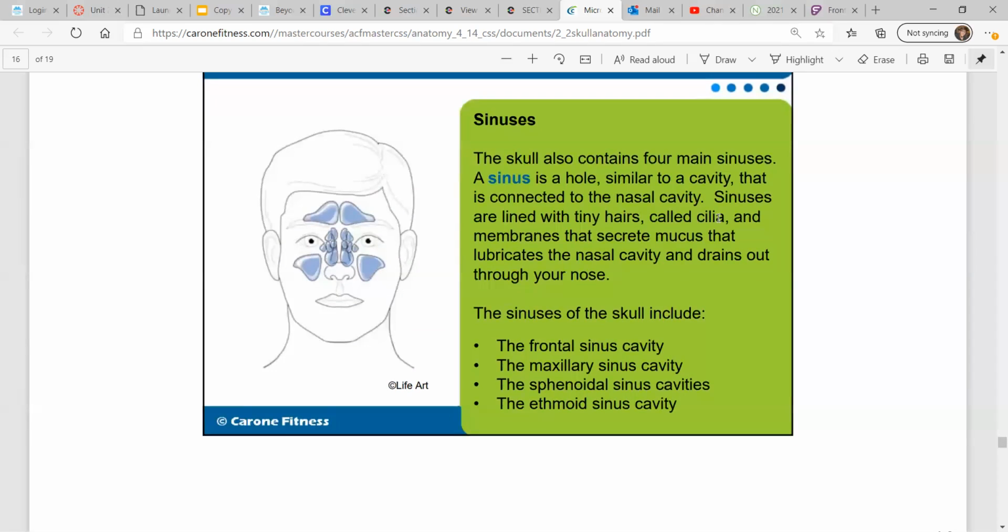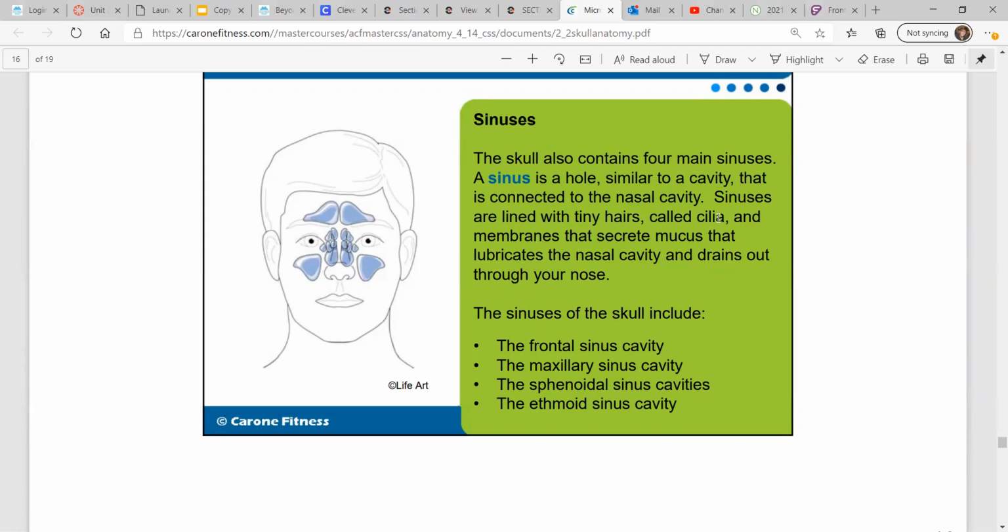Sinuses. The skull also contains 4 main sinuses. A sinus is a hole similar to a cavity that is connected to the nasal cavity. Sinuses are lined with tiny hairs called cilia and membranes that secrete mucus that lubricates the nasal cavity and drains out through your nose.